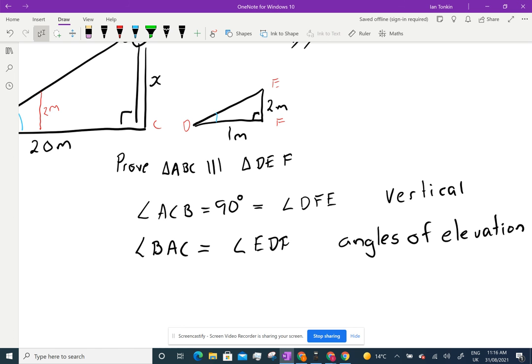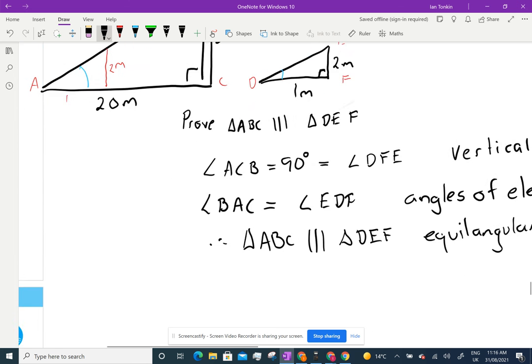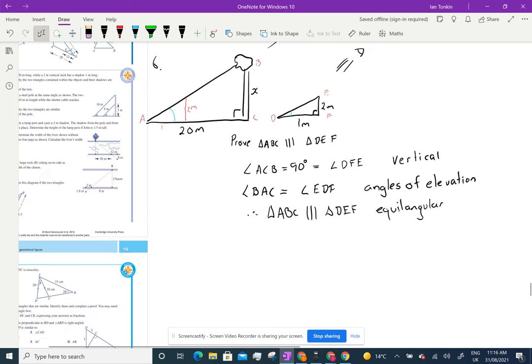I'm not going to go and prove the third one. I'm just going to say two angles are equal. Therefore, triangle ABC, you only need two, is similar to triangle DEF because they're equiangular. Hence, x on 2 equals 20 on 1.